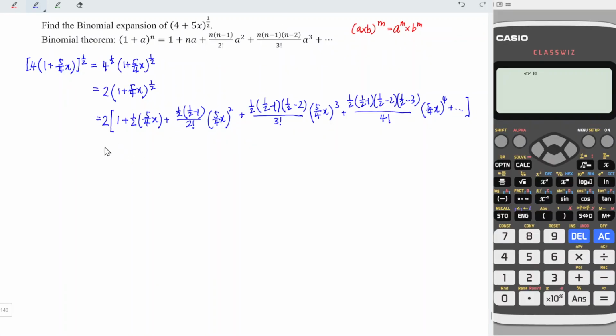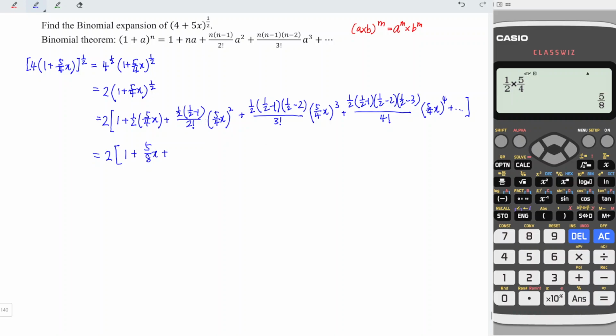And this is equal to 2 times 1 plus, we can make use of the calculator, so we have 1 over 2 and we times 5 over 4. So we have 5 over 8. And for the next term, we don't have to enter all over again. What we have to do here is just to times the extra term.